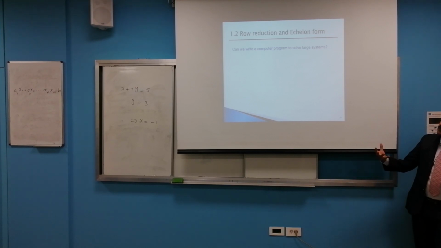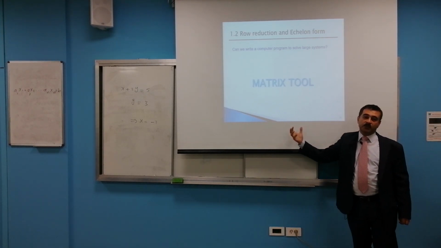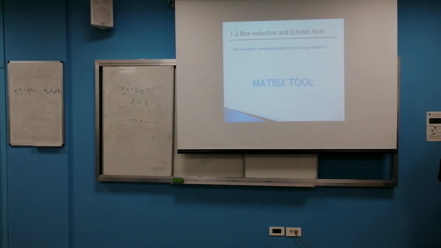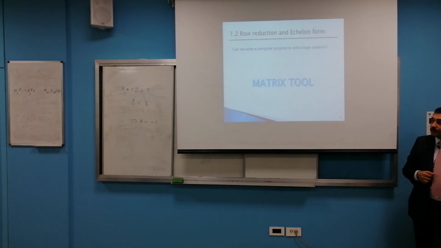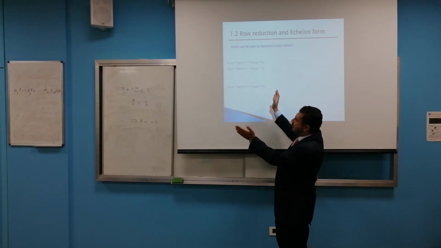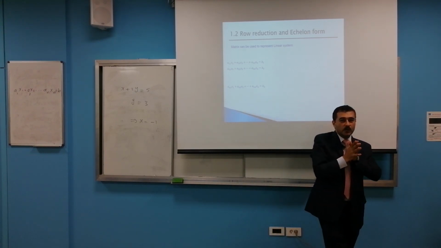If you want to solve a big system, you want to write a program for the computer to solve. So we are going to deal with matrices, to give the matrices to the computer to solve, but based on the simple idea of elimination. So for example, if you want to solve n equations in n unknowns, what is important for the computer to know?